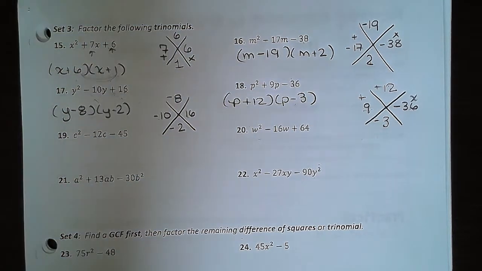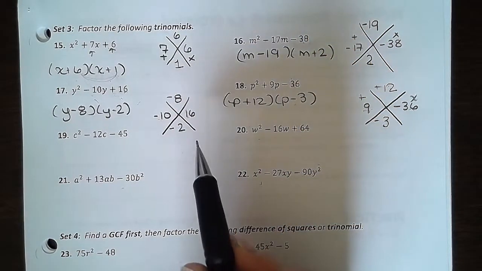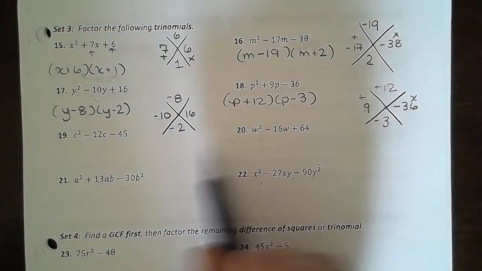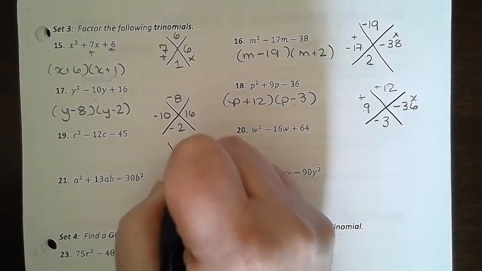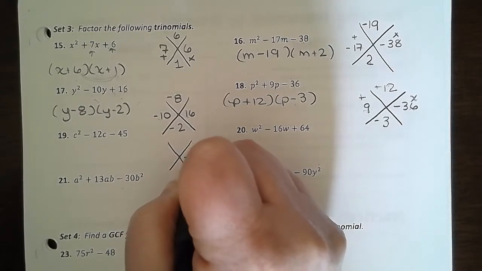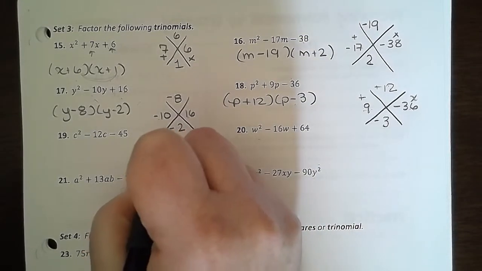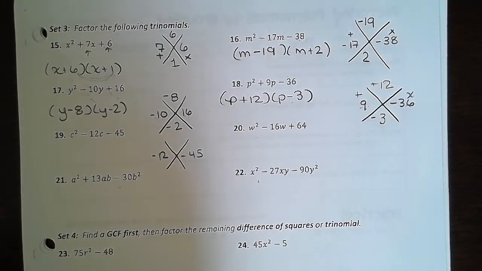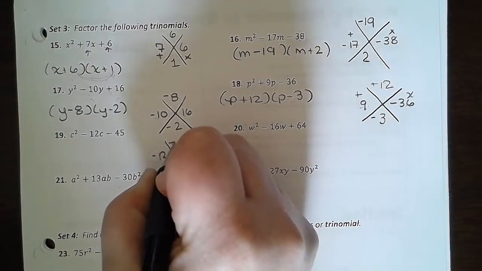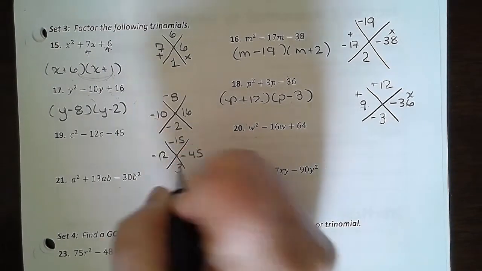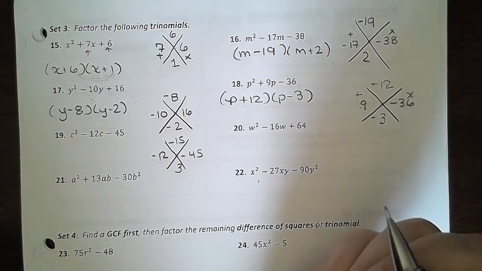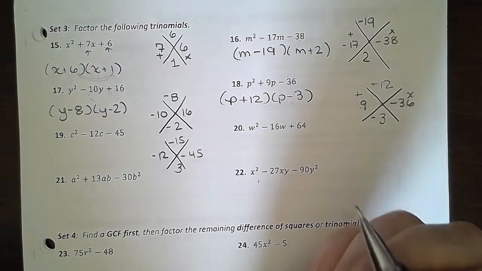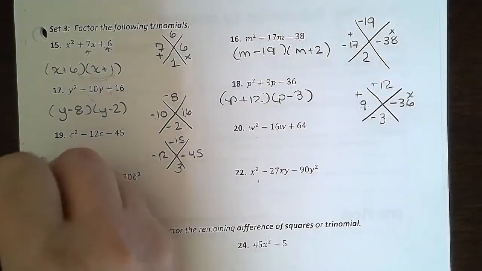I wouldn't worry too much about ones like these. Let's try to go ahead and just do these next two right here. So if I have a product of negative 45 and a sum of negative 12, let's see what I have here. How about negative 15 and a positive 3? Okay. It takes me a while to figure this out. Remember, I've been doing this a lot longer than you have.